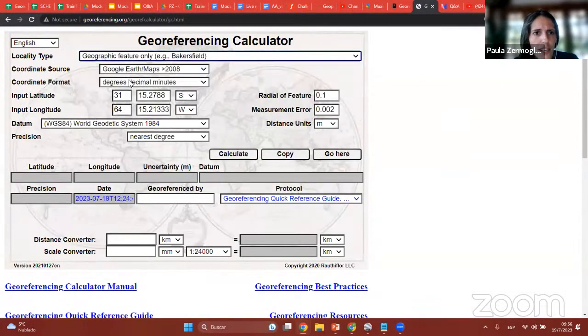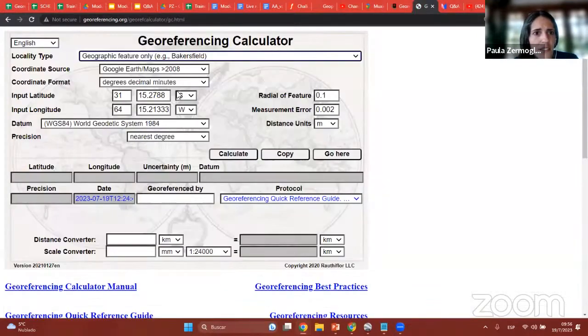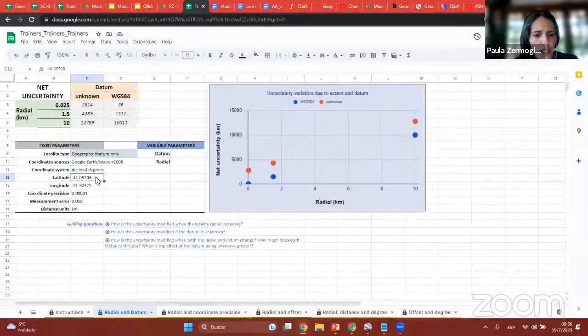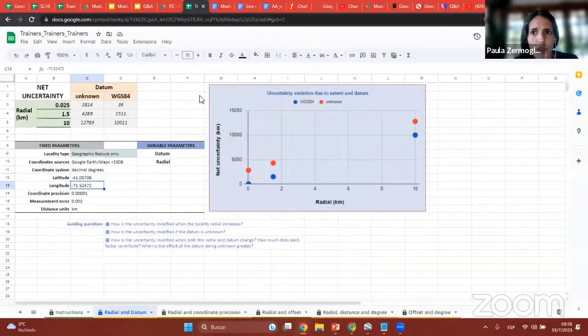So we pick geographic feature only. Then the source was Google Maps. Then we have here that the coordinates are in decimal degrees. So here we choose decimal degrees. We had some coordinates provided that we have to just copy paste. Latitude. Then we have the longitude.